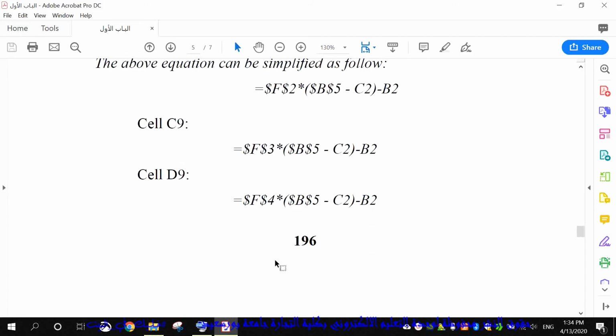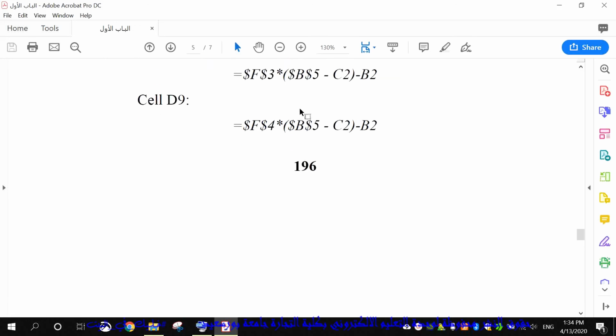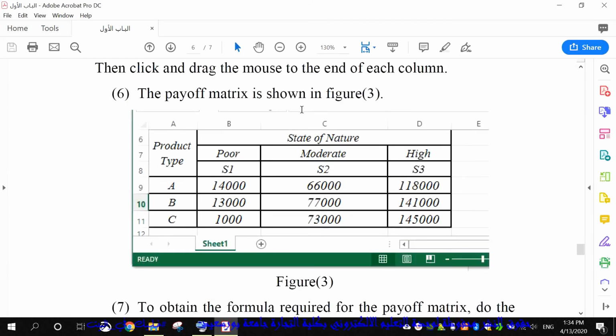Then clicking and dragging each equation towards the end of the products, you will get the following form. Figure 3 represents the execution of the above formulas or equations.